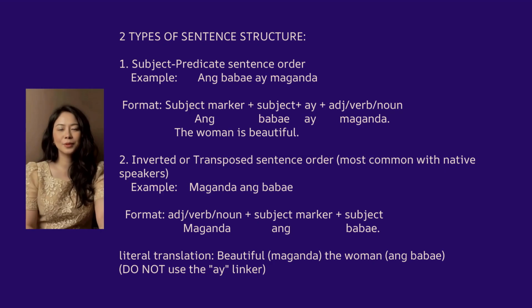For our example, maganda ang babae, we are using an adjective maganda plus the subject marker ang, which introduces the subject babae. Maganda ang babae. Notice that we do not use the I linker for the inverted or transposed sentence order.